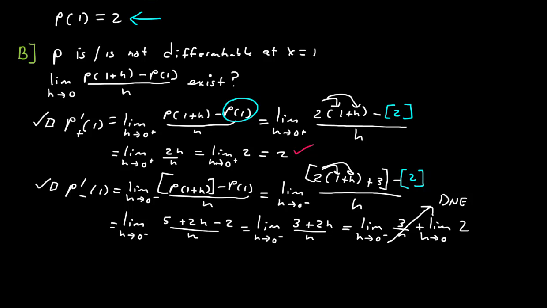We actually get down to the raw definition of what a derivative is, and we find that the right-sided derivative doesn't equal the left-sided derivative. Hence, the limit as h approaches 0, period, of p of 1 plus h minus p of 1 all over h does not exist.